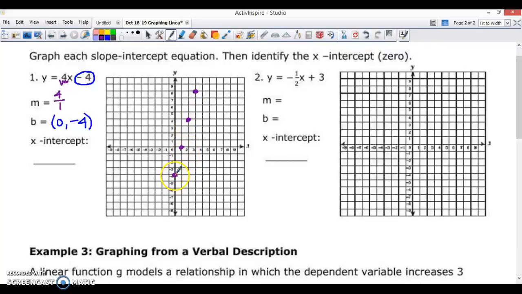All right, then I can start back at the y-intercept and go down 4 over to the right 1 because I want to make sure that I get all the possible points I can possibly get. There we go. And then once you have all the points that you can possibly graph, you draw your line.